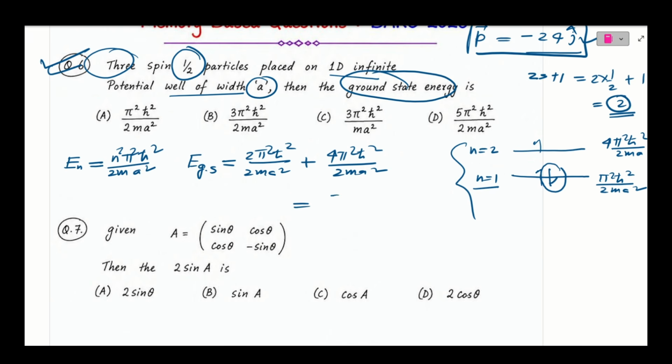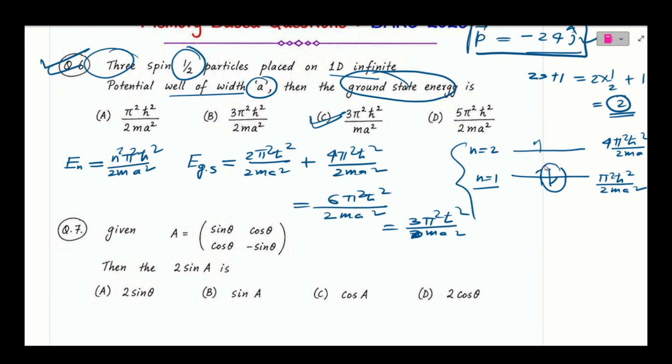So it gives 6 times pi squared h cross squared divided by 2 m a squared. So it will be 3 times pi squared h cross squared divided by m a squared. So option C is the correct one.